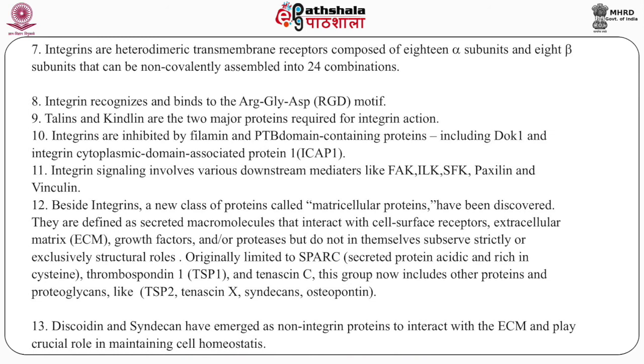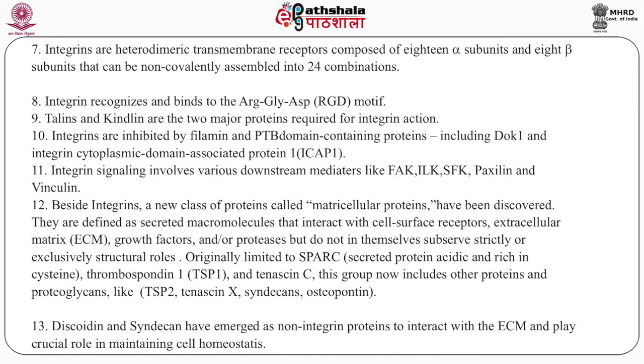Integrin recognizes and binds to the RGD motif. Talin and kindlin are the two major proteins required for integrin action. So, they generally activate the integrin signaling pathway.